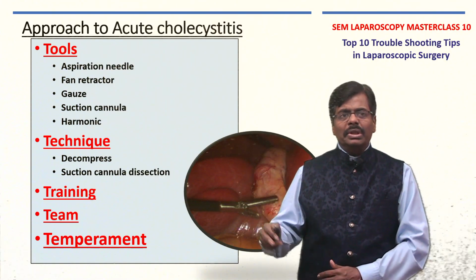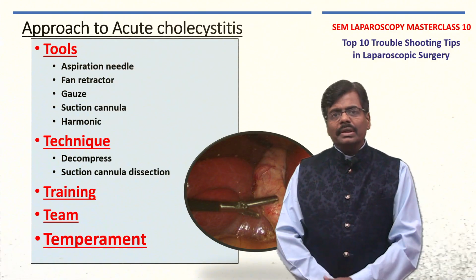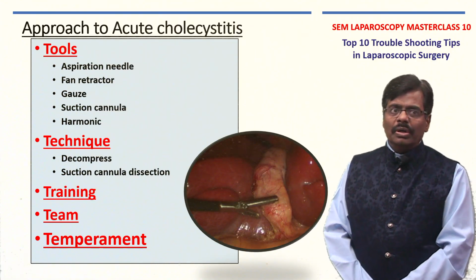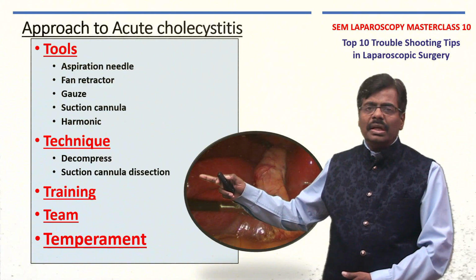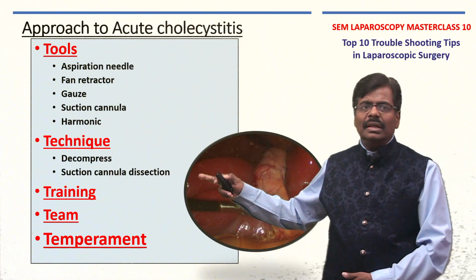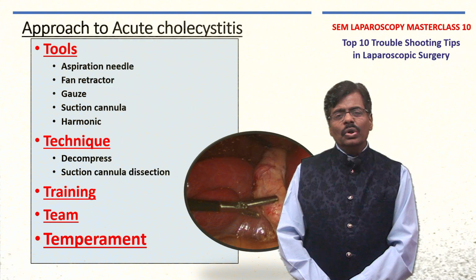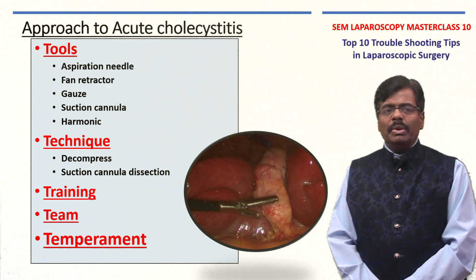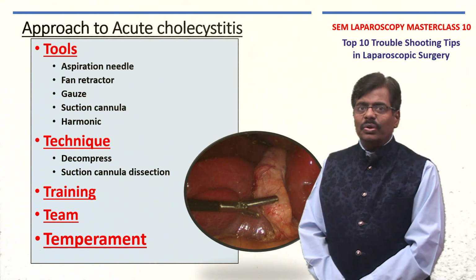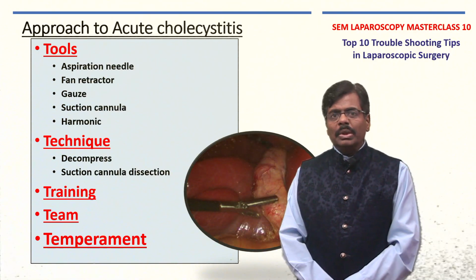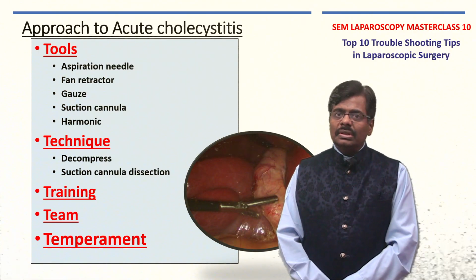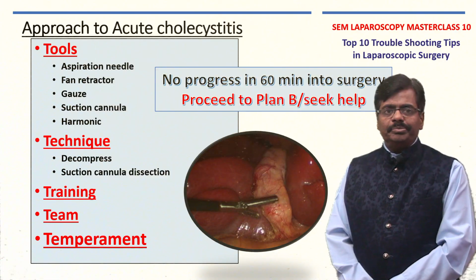Suction cannula is the best dissector in my opinion. Harmonic scalpel is very often unique, and the most important thing is you always decompress and do the suction cannula dissection. These are the two classical technical things I wanted to give you. With proper training, with your team assisting and knowing exactly what you are doing, you can easily do acute cholecystectomy in all patients with the same acceptable morbidity.